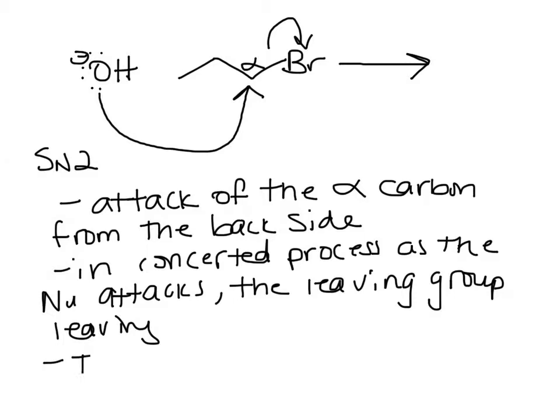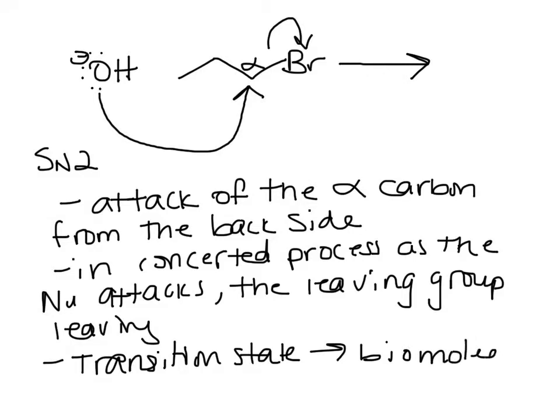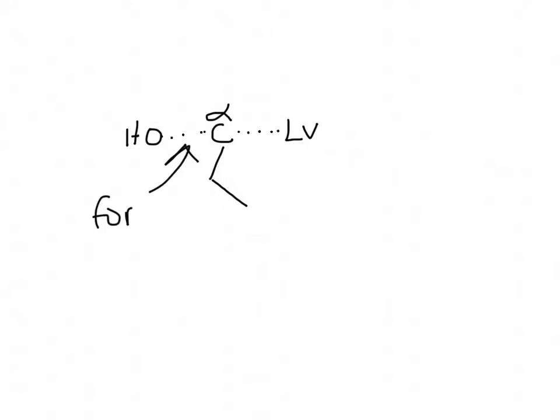You will get a transition state that is bimolecular. To draw the transition state, here's the alpha carbon, so you're forming a bond and you are breaking a bond.